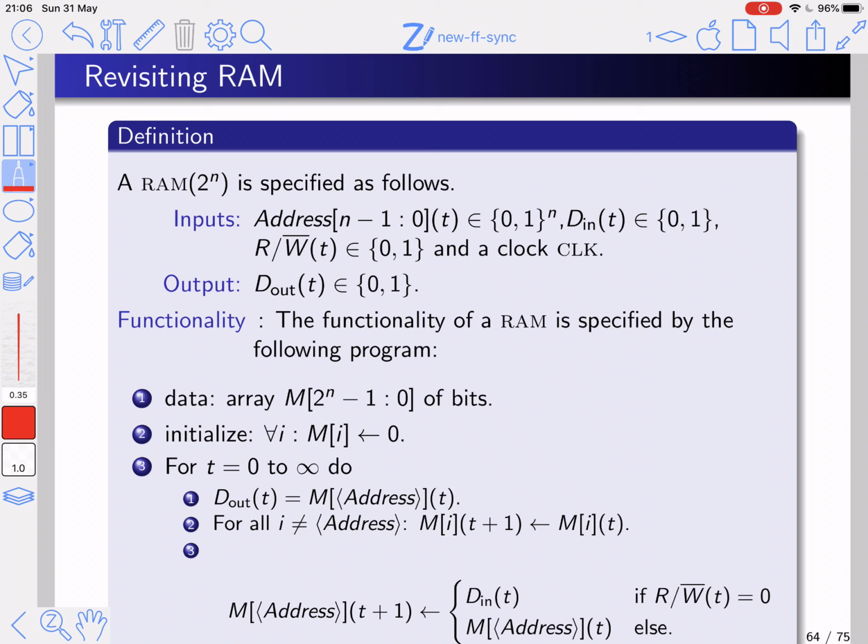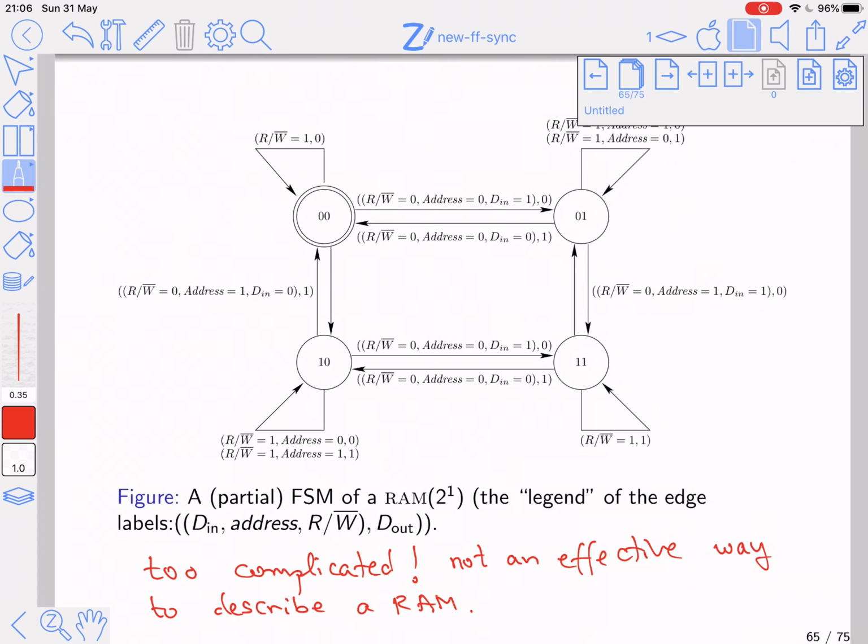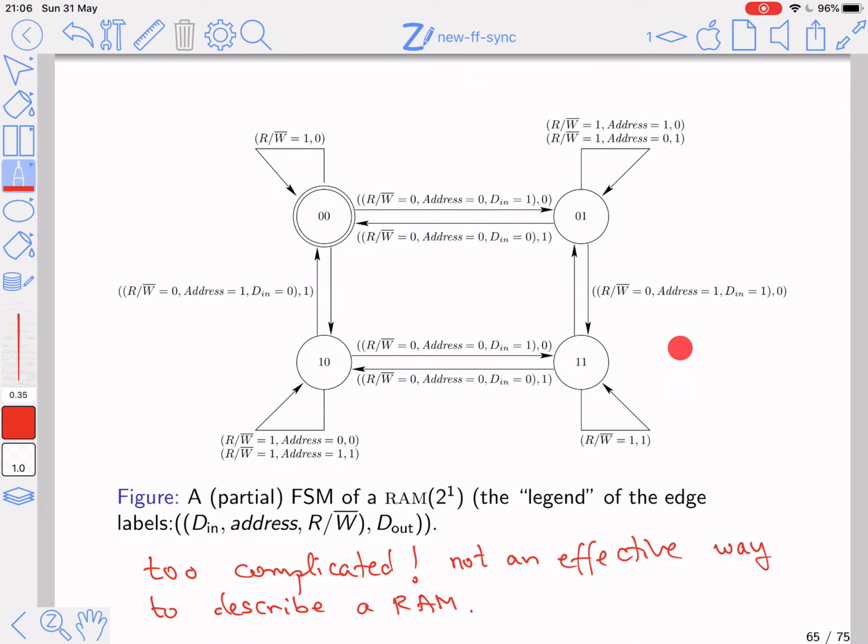Okay, let's revisit RAMs. This was the specification of a RAM, and I want to depict its finite state machine. This is not the full finite state machine of a RAM of 2 bits. And what you see here is that the finite state machine is incredibly complicated, and it's not an effective way to describe the RAM.